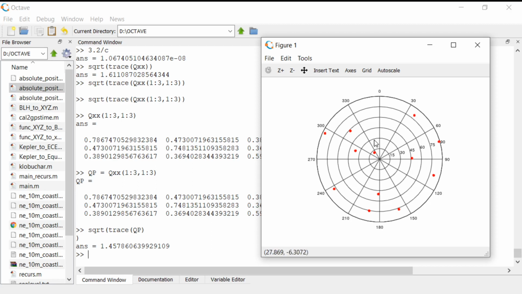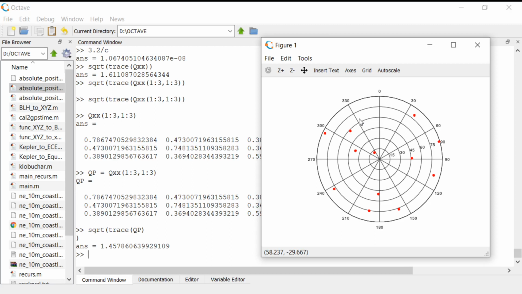But if the satellites are not so well distributed across the horizon, for example if you observe in a street canyon in a city, then you will get a higher value for the trace.